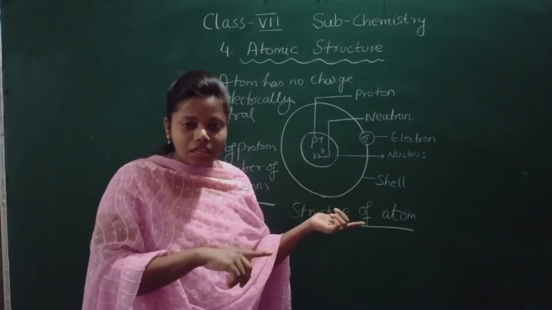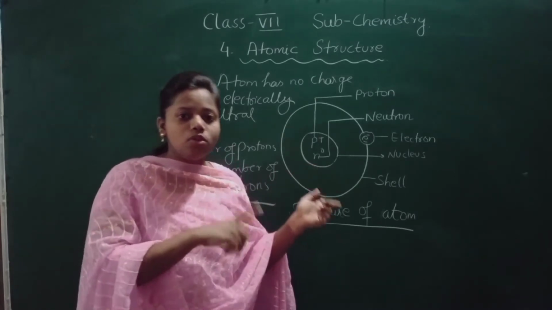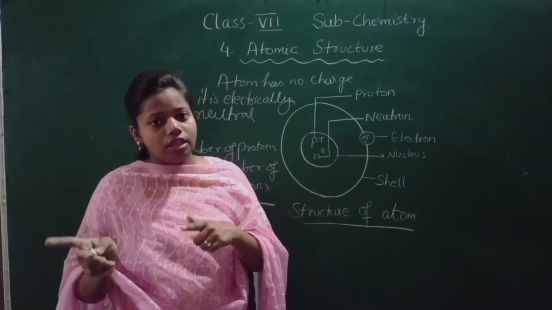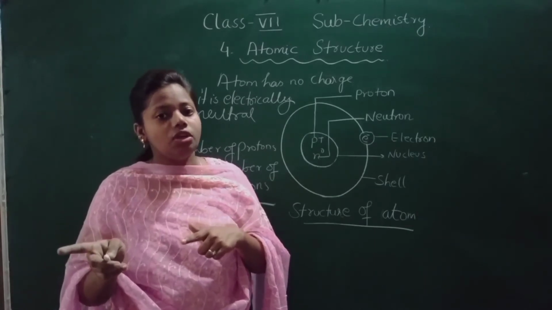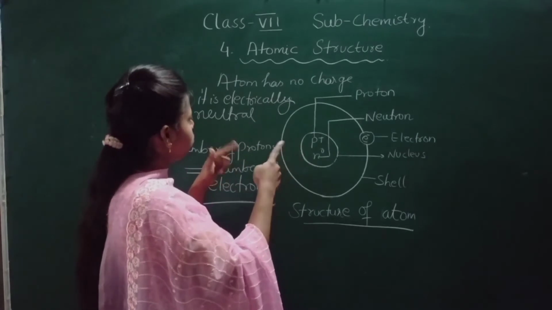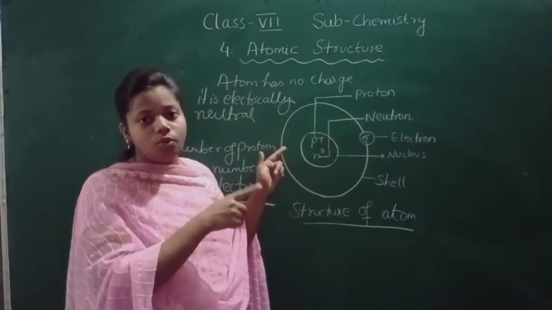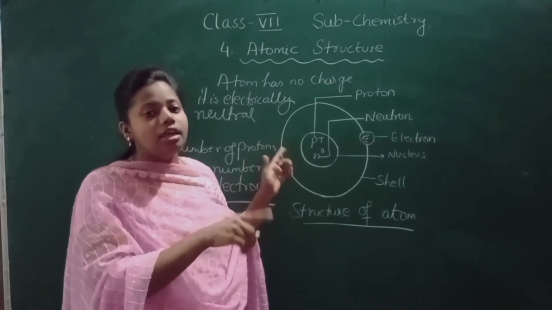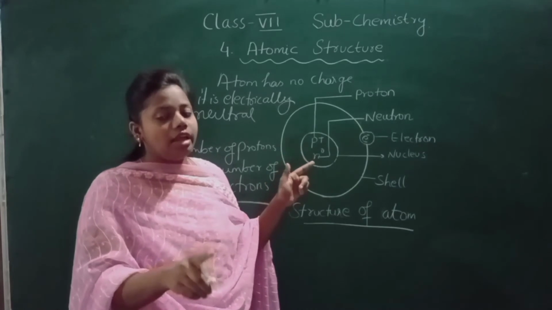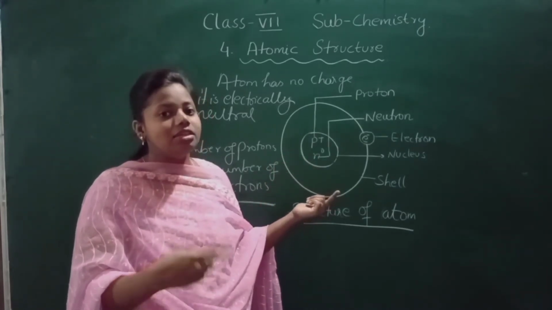If there are 7 protons, that means 7 electrons will be there. Protons are positively charged, electrons are negatively charged. So they will cancel each other. That is why atom as a whole has no charge. They are electrically neutral. So if anyone asks you what is the charge of an atom, what will you say? Atom has no charge. It is electrically neutral.